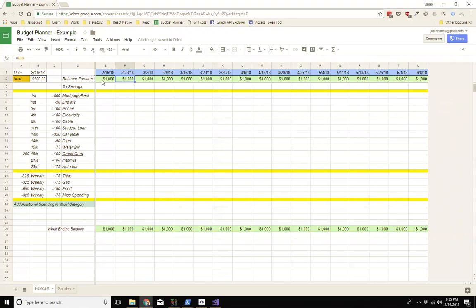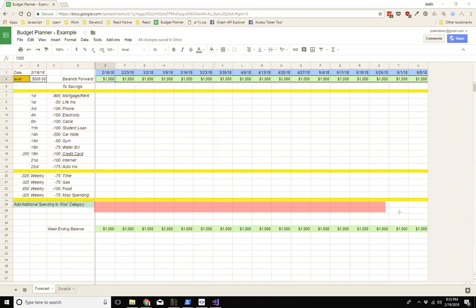We're operating under the assumption that we start out with $1,000 in our bank account. And you'll see that we have the bills, again, listed here, monthly, and then weekly here. And any bills that aren't falling into that category, we'll go over those scenarios with this little area down here.